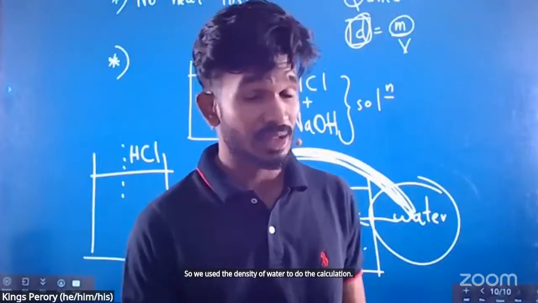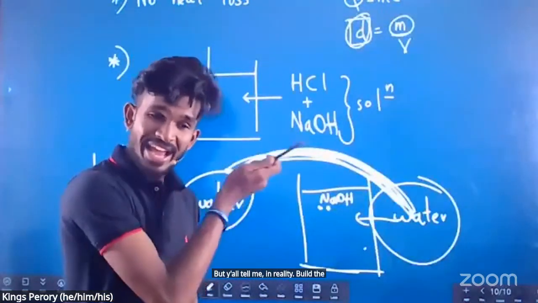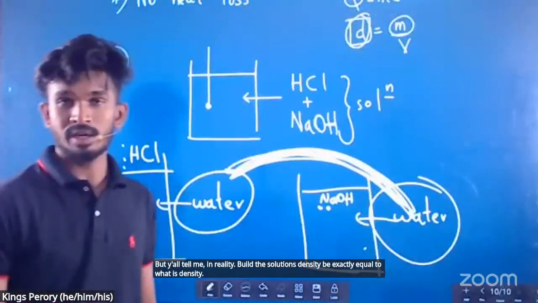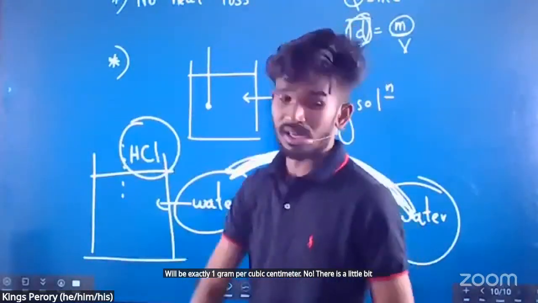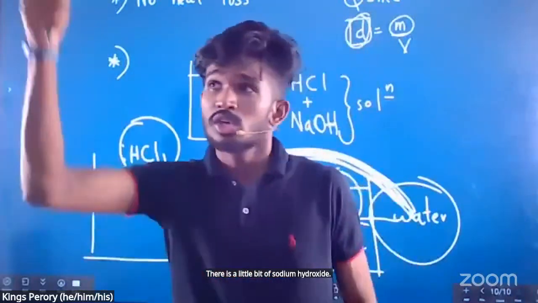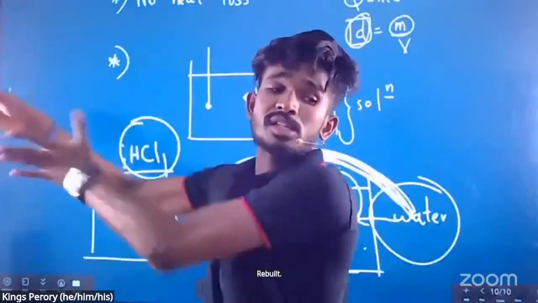But tell me, in reality, will the solution's density be exactly equal to water's density? Exactly 1 gram per cubic centimeter? No. There is a little bit of HCl. There is a little bit of sodium hydroxide. Which means sodium hydroxide's and HCl's density also will contribute to the final solution's density.